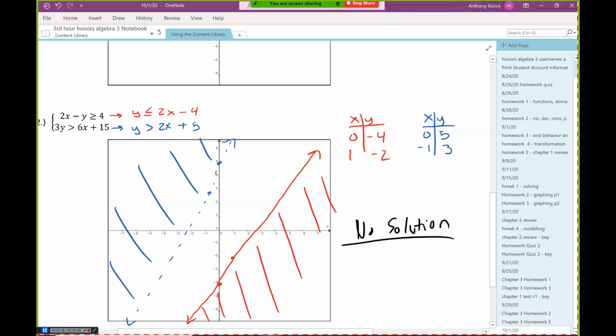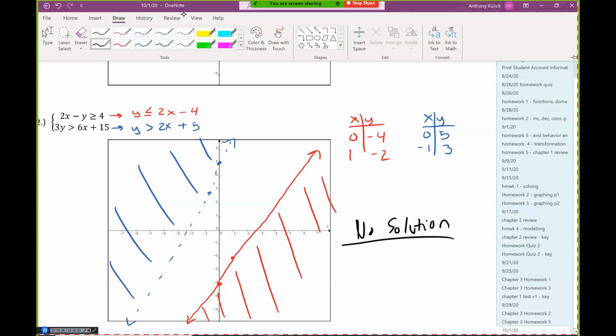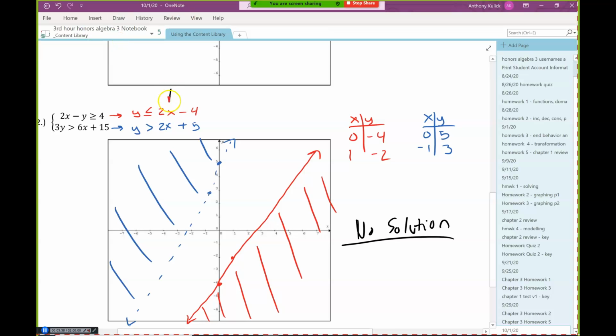Yes? I understand how you get the points for 0, -4, but how do you get the 1? So what I did is I just picked a value, say 1, and I plugged it in for x. So 2 times 1 is 2, and then -4 is -2. And then similarly for the other one, I picked -1 for x.